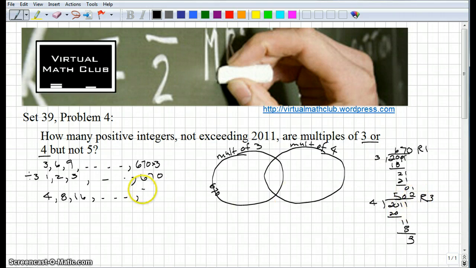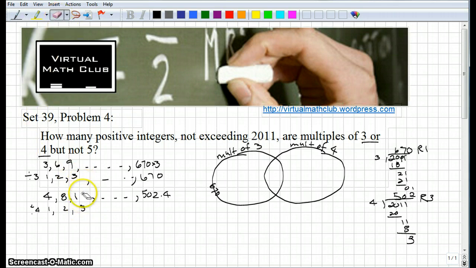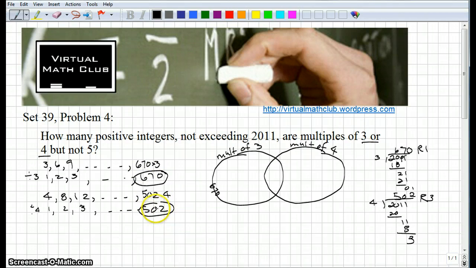So I'm going to write this as 502 times 4. Then if I divide everything by 4, I can count them. Whoops, I must have done something wrong here. It doesn't go 4, 8, 16. It goes 4, 8, 12, right? Because these are multiples of 4. So 4, 8, 12, all the way up, divide this by 4, I have 502. So I have 670 multiples of 3 and 502 multiples of 4. I'm going to write that on the line over here, 502.